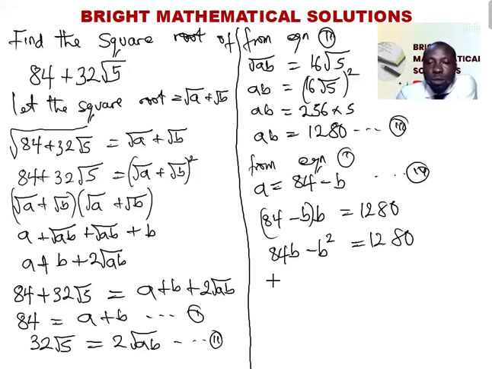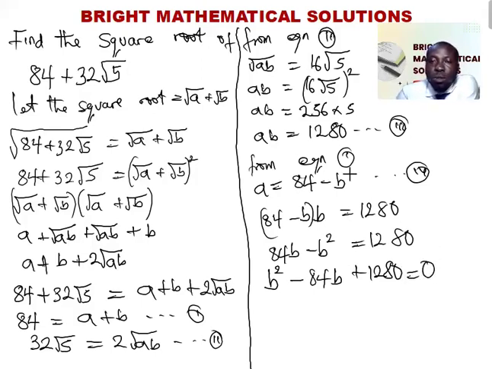Let me take it to the other side so that we have a positive expression. So B squared minus 84B plus 1280 equals 0. The next thing is to look for the factors.